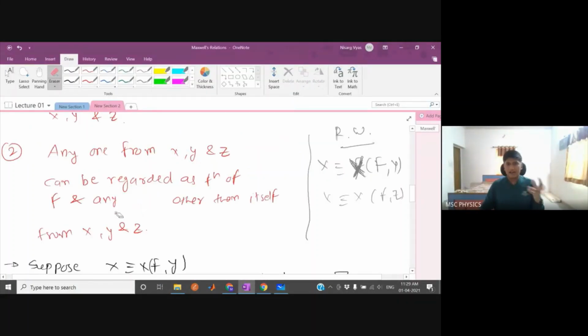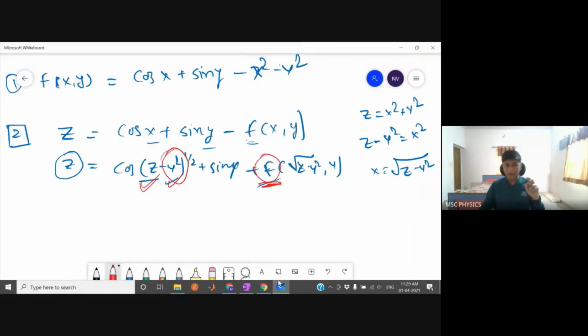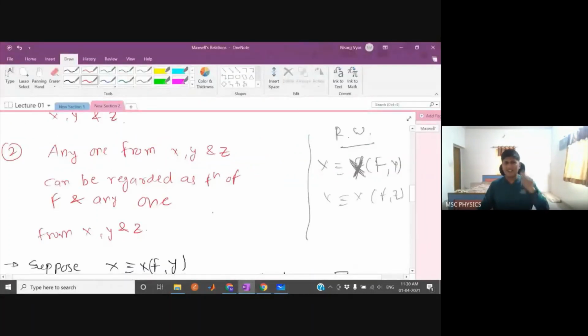Any one from x, y, and z, I should write it like this. I am just not able to give you a clear idea right now, but stay after the class so we can discuss it further if you still have not understood. But this is my logic.